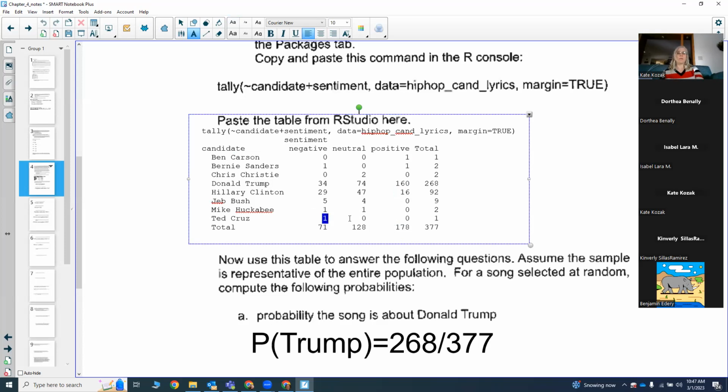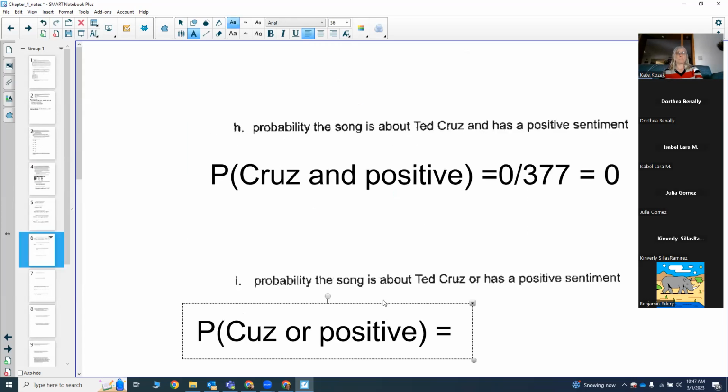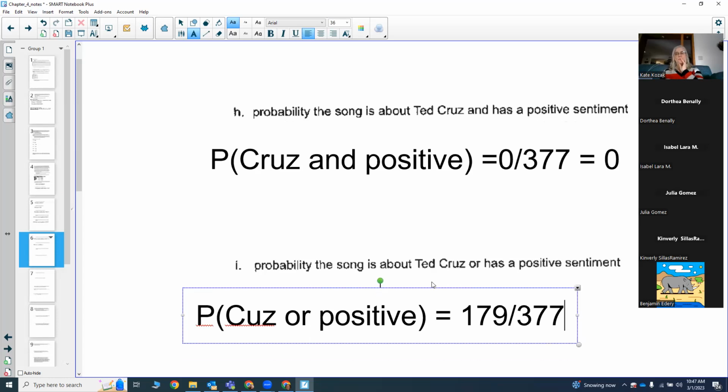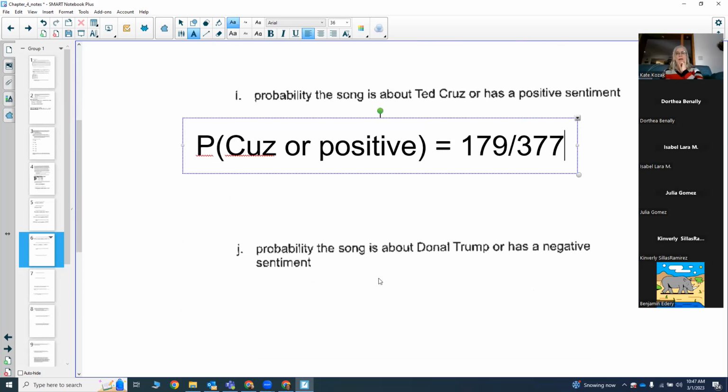So what would be the probability of positive or Ted Cruz? 179. Yeah. 179 out of the 377. Don't forget the 377. Okay.